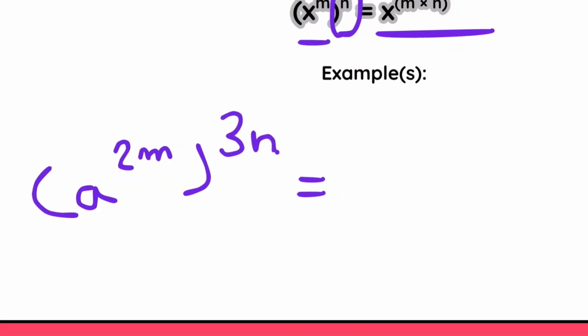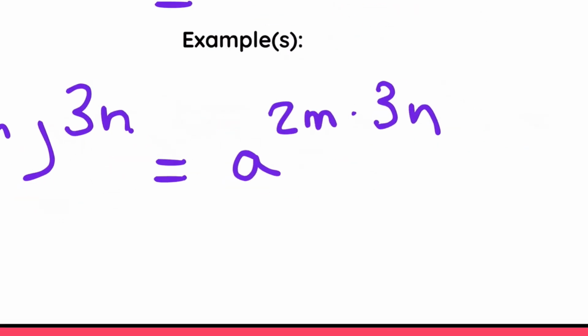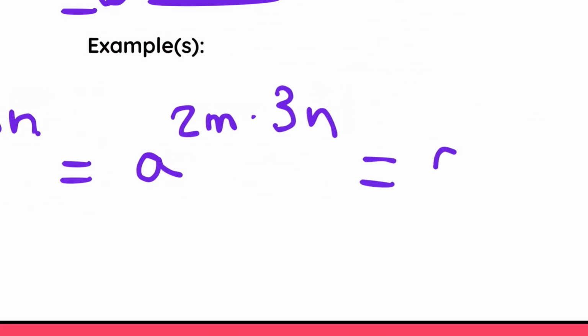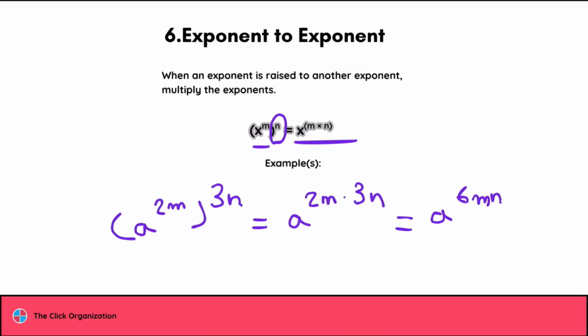This will be a to the power of 2m times 3n, which equals a to the power of 6mn, right? Whenever you see one power that has a power, then you can multiply the powers.